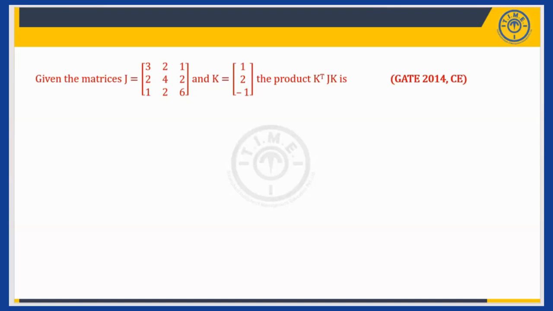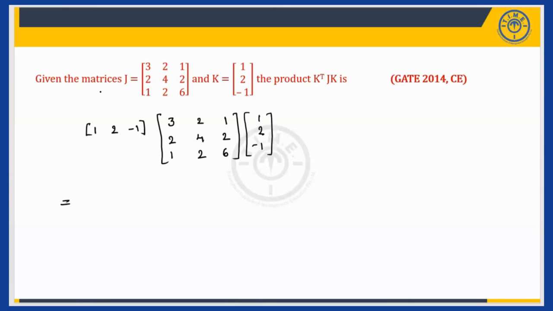Right. So how to solve this? So there is K transpose, J and K. So if I'm multiplying the first two, what do we get?